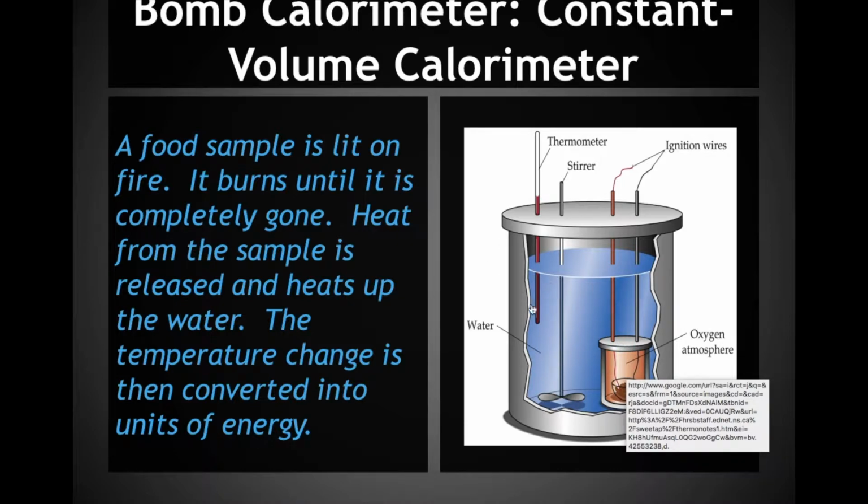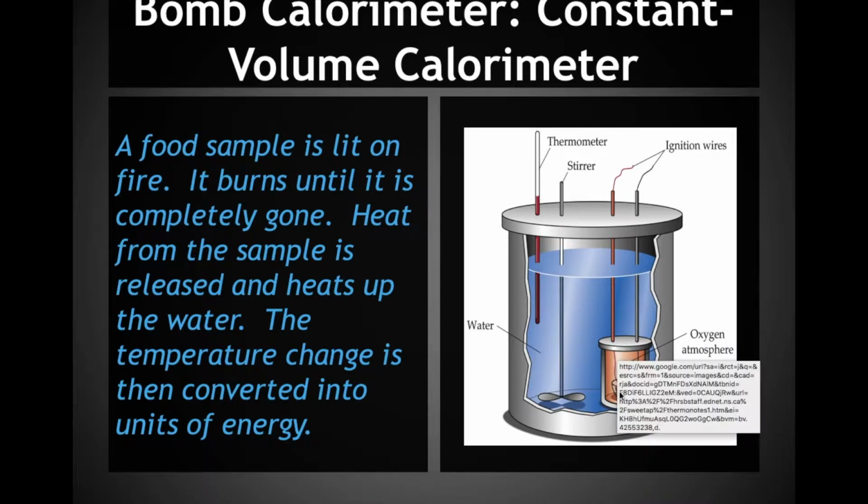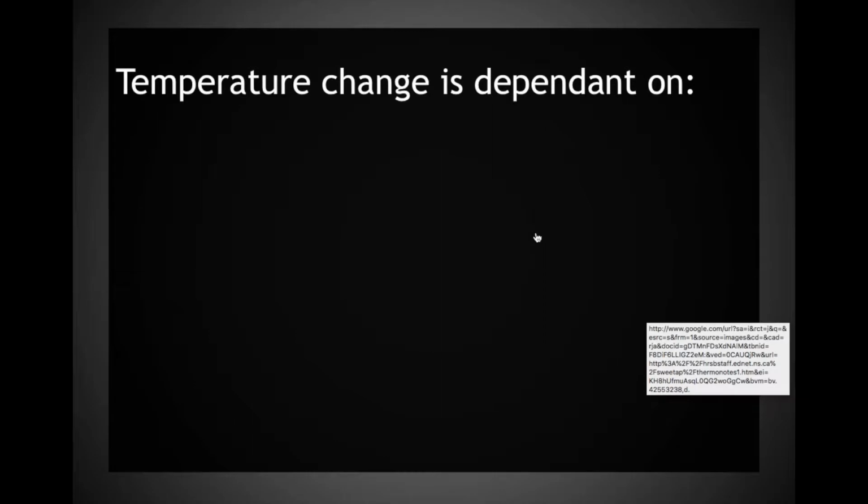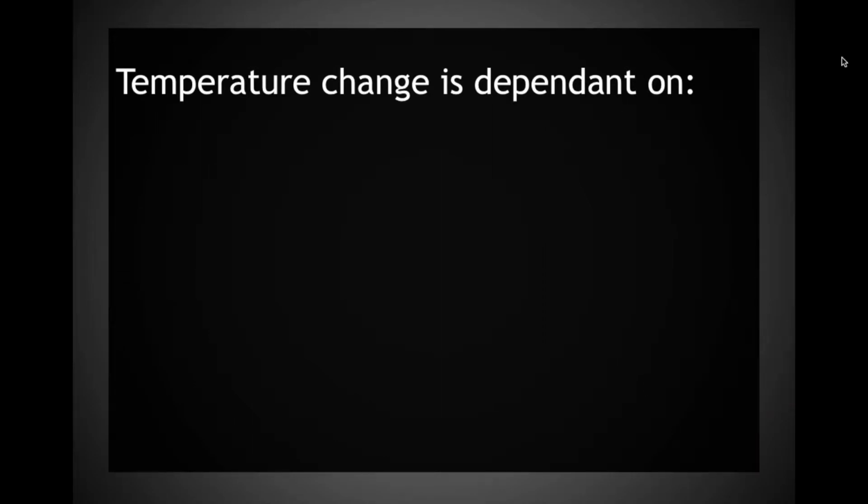It's actually closed, pressurized, it's dry in there, there's a fire going, and there is oxygen being fed in and out of it on some devices, and that feeds the fire. We measure the temperature that increases while the fire goes, and then we plug it into the equation that I will show you in just a minute.